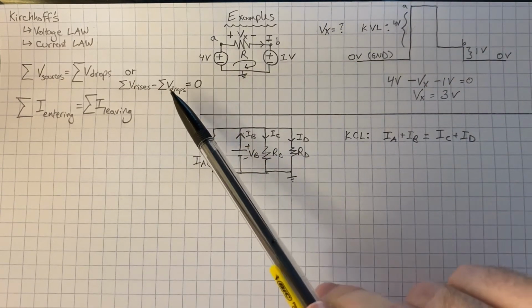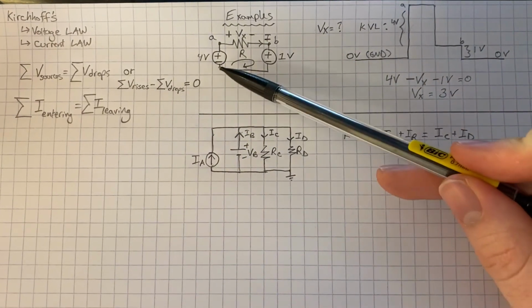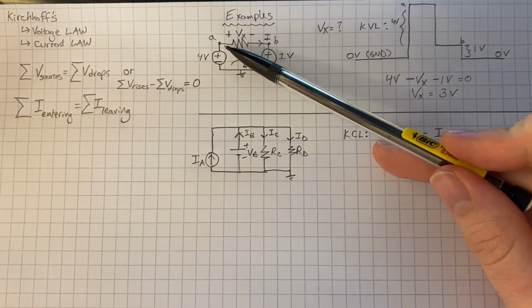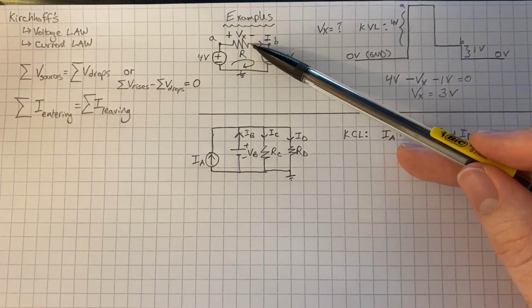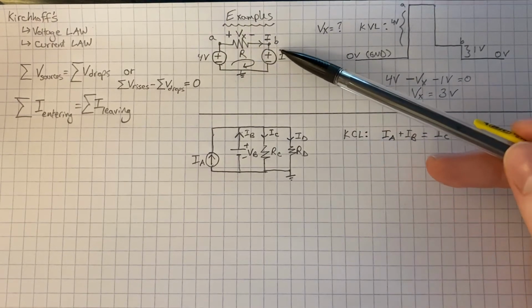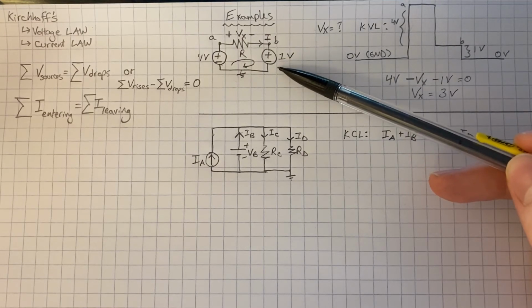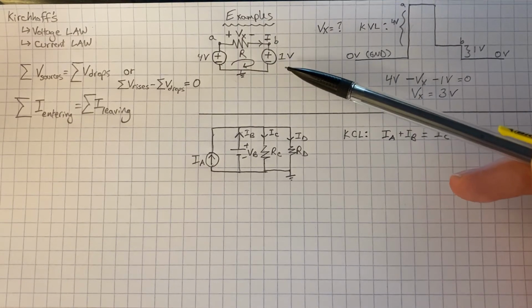If we use this form here, we can say that we're rising up by 4 volts, we're dropping by some voltage Vx, and then we're dropping again by a 1 volt source.